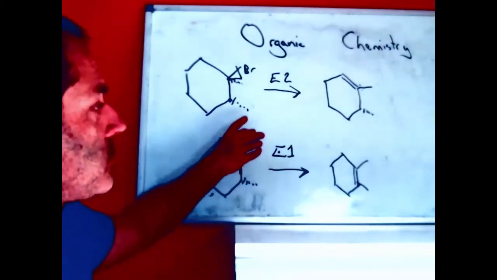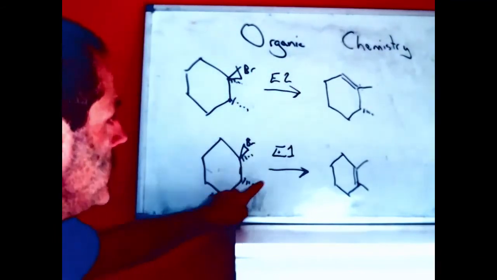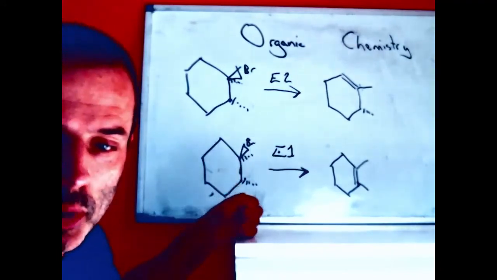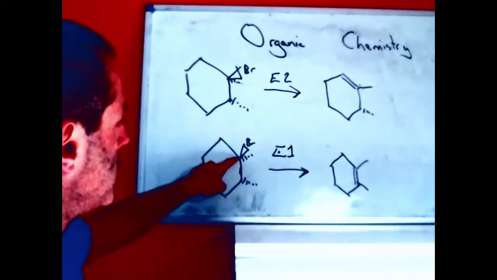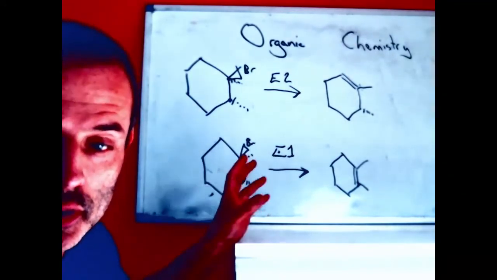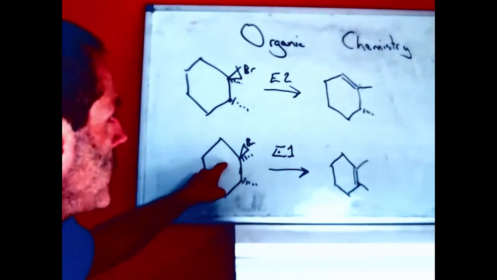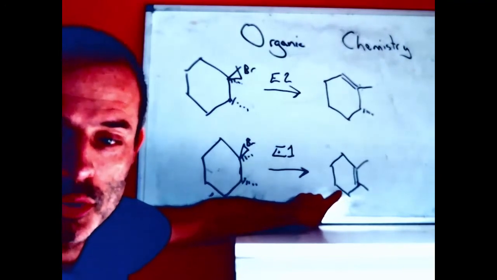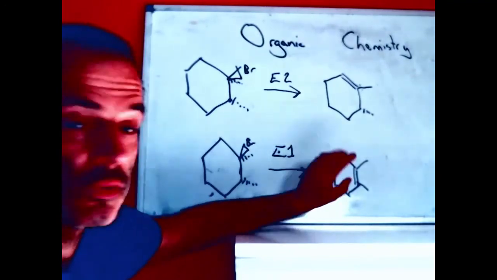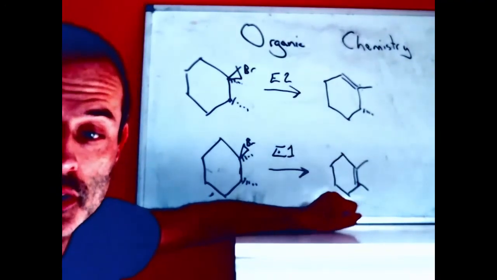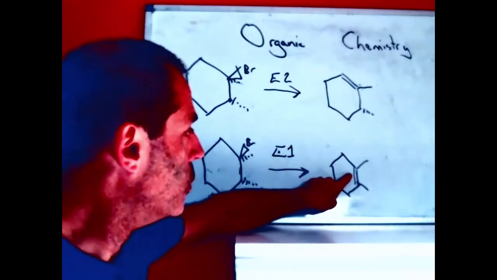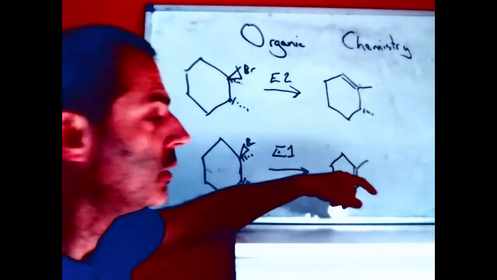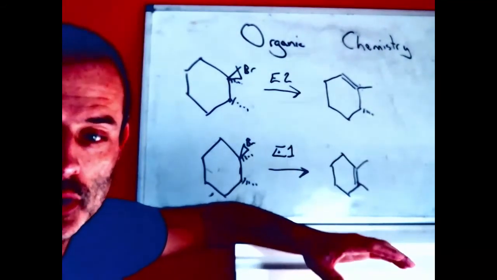If we do an E1 reaction, so we set up with a polar solvent, we can take off this bromine and generate a carbocation. But our evidence for that is that if we get this product. This product is more stable, because for the same reason that the carbocation is more stable, a more substituted double bond is the lower energy product.